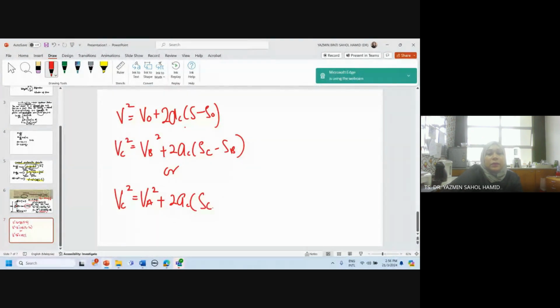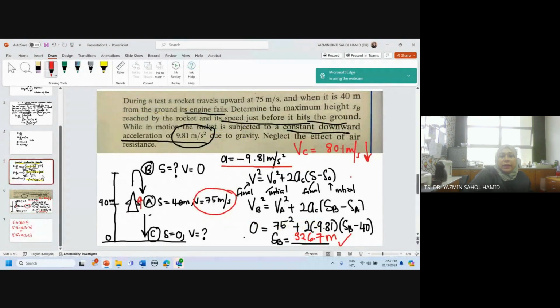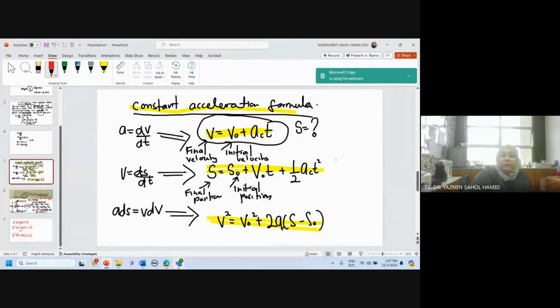Okay, you will get the same answer. By choosing either of the two points, you get the same answer. You can either analyze it with point C and B, or with point C and A. All right. So, in the end of the day, for today's class, we have learned how to use the basic kinematic equation, and we also learned how to use the constant acceleration formula.